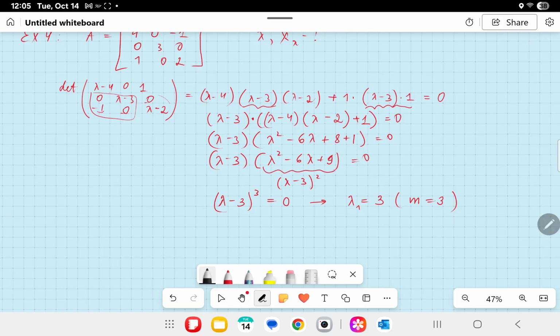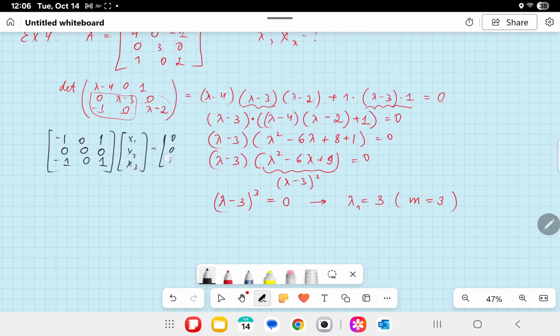So if I plug in lambda 3 over here, I'm going to get minus 1, 0, 1, 0, 0, 0, minus 1, 0, and over here 3 minus 2 is 1. And I'm supposed to multiply it by x1, x2, x3, and I'm supposed to get 0.